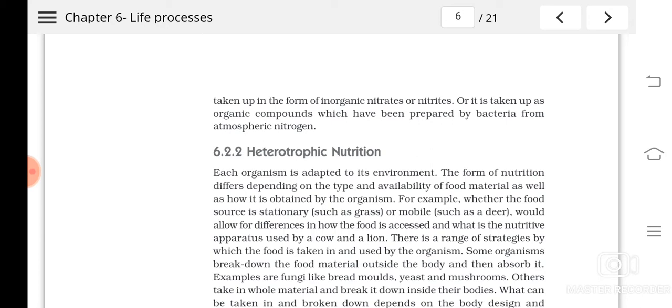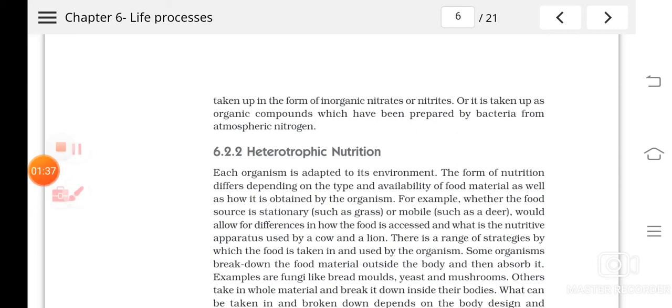What will happen to that? Then what will happen to water, or what is the use of these raw materials in photosynthesis? All that we have studied, and how they are obtained. So these are the portions we have completed.